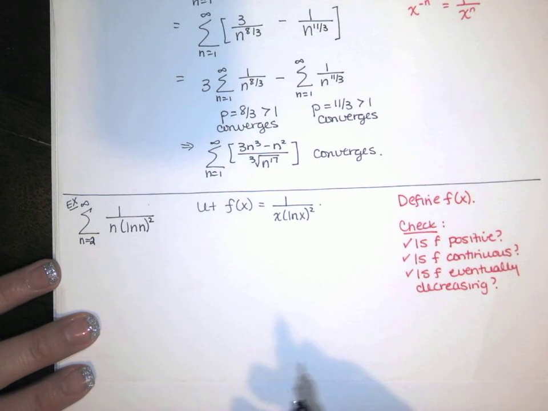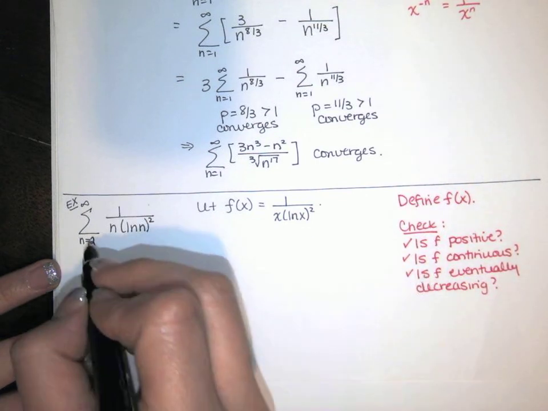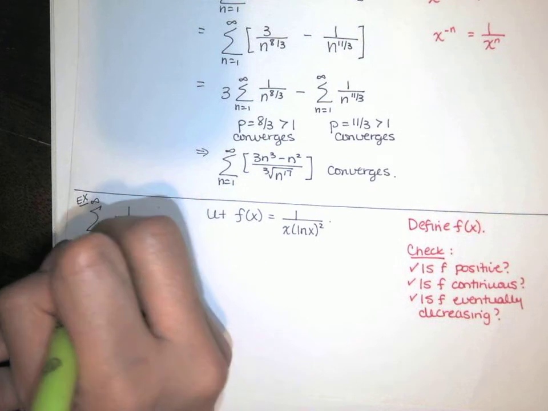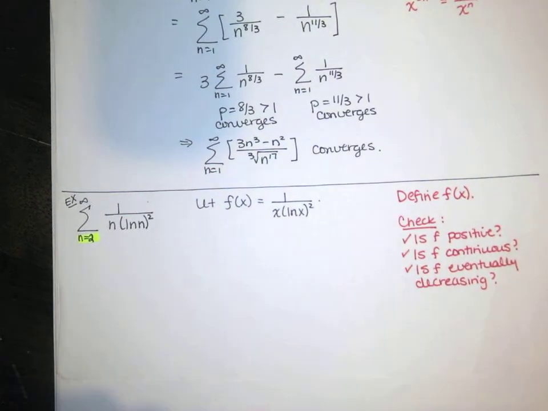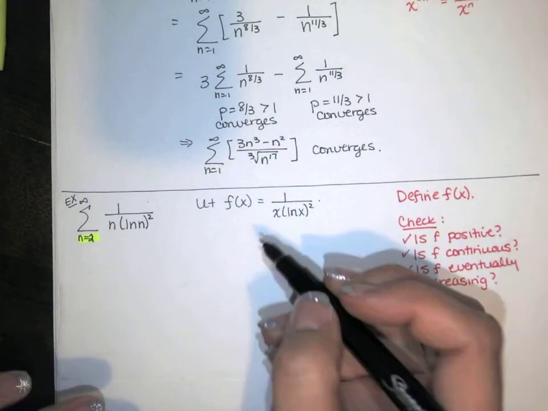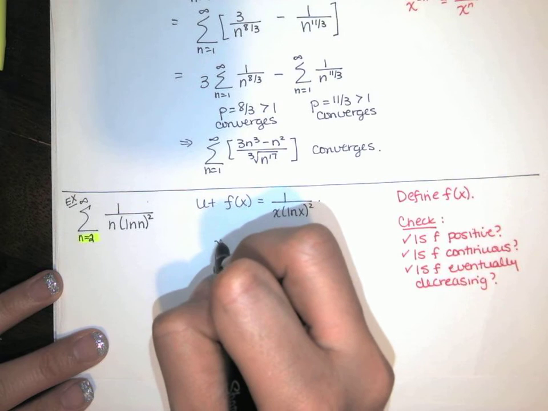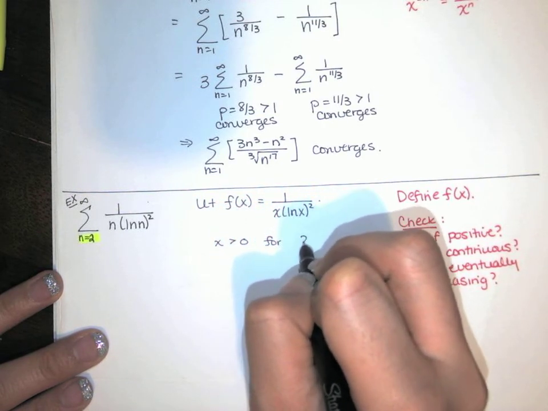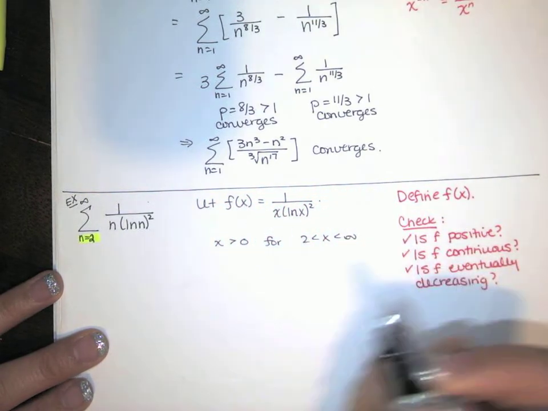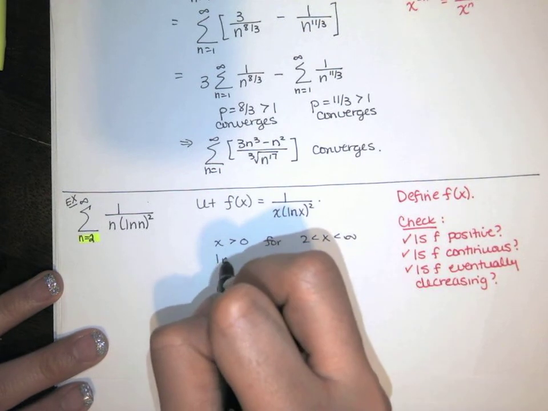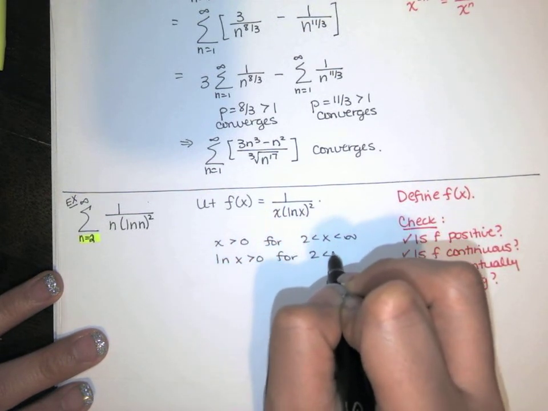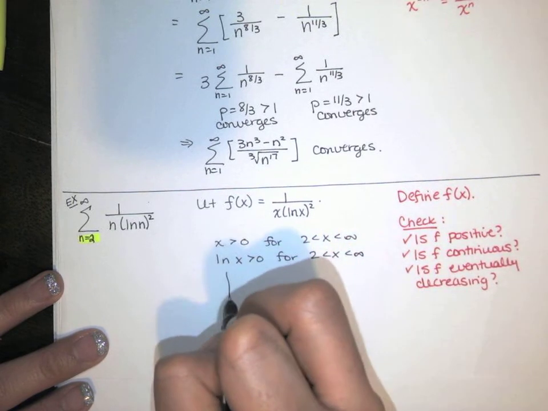Okay, is f positive? On the interval from 2 to infinity, we always start with the value of the index over here. So we're starting with n equals 2. Well, sure, x is positive for x between 2 and infinity. Natural log of x is positive for x between 2 and infinity. If you're not sure, you should graph it.